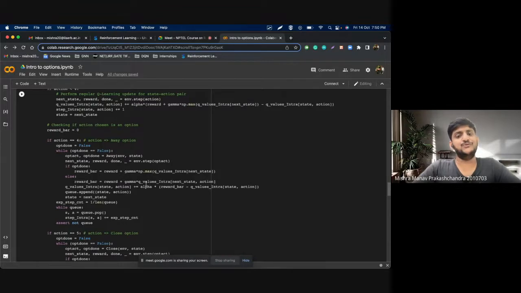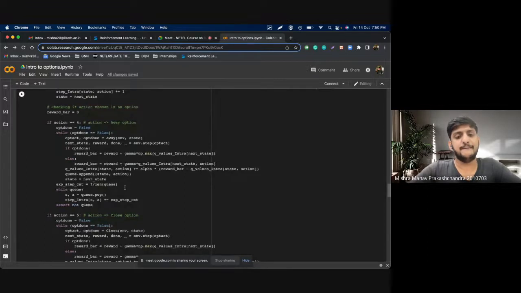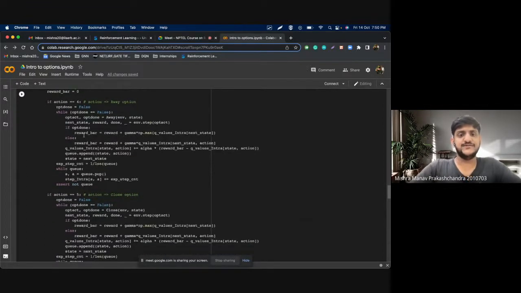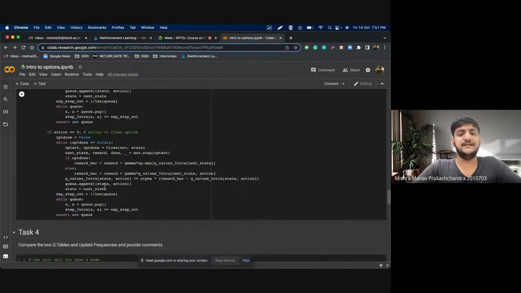So I'm doing a Q update for each of the actions that I'm executing when I'm in that away option part, right? So I keep doing that. And similarly, this is for the close option, right?